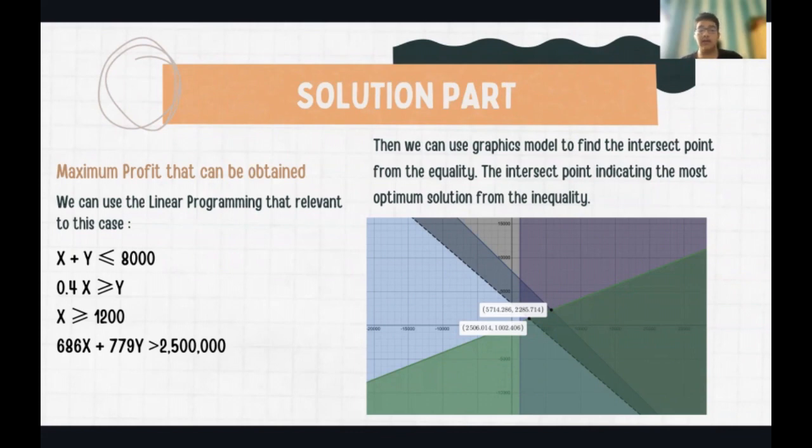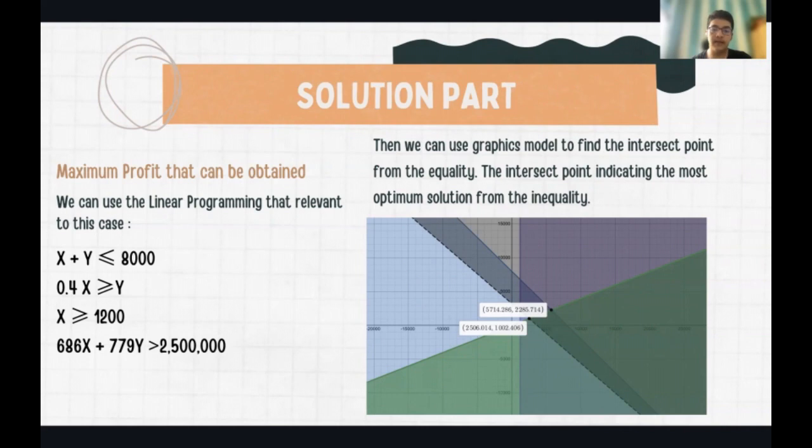We can use the linear programming that is relevant to this case: x plus y less than or equal to 8,000, 0.4x greater than or equal to y, x greater than or equal to 1,200, and 688x plus 779y greater than 2,500,000. We can use graphic models such as GeoGebra or Desmos to find the intersect point from the inequality, and the intersect point indicates the most optimum solution.